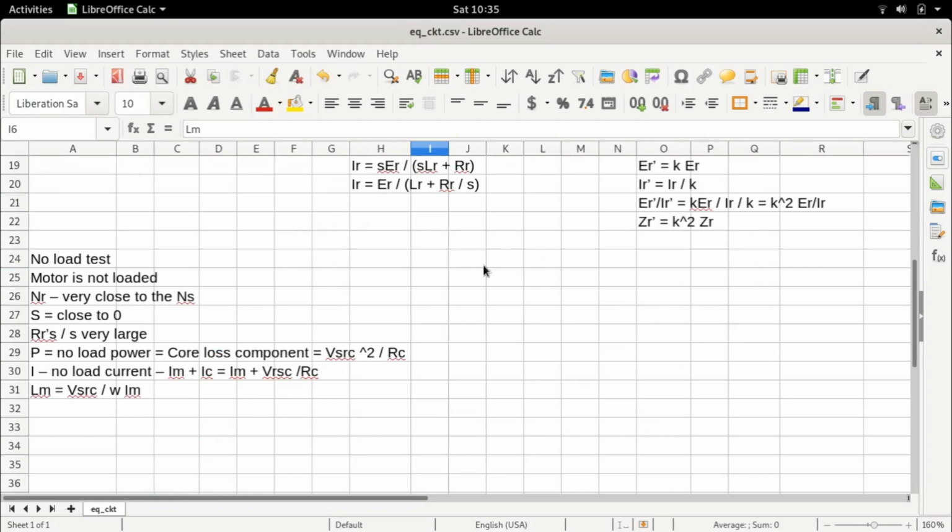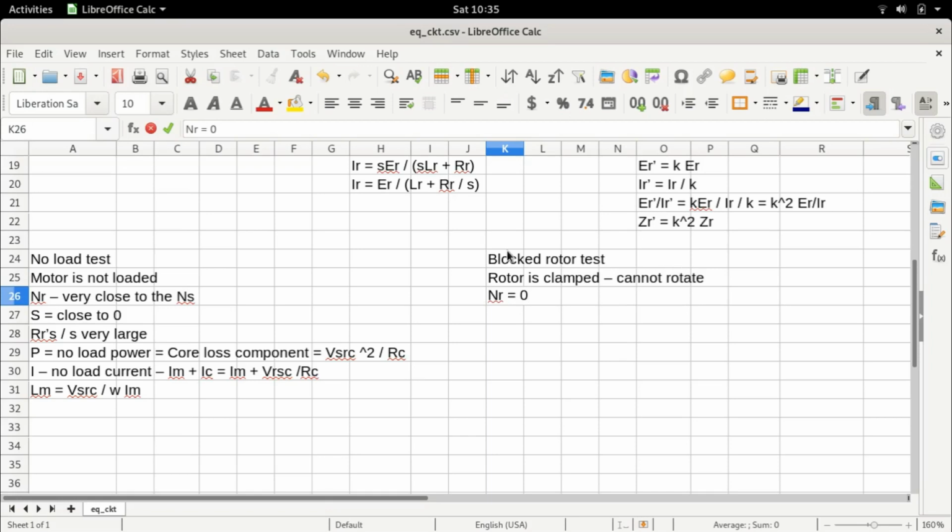So let's write this down. We have the blocked rotor test. In this blocked rotor test, the rotor is clamped. It cannot rotate. And because it is clamped, nr is equal to 0.